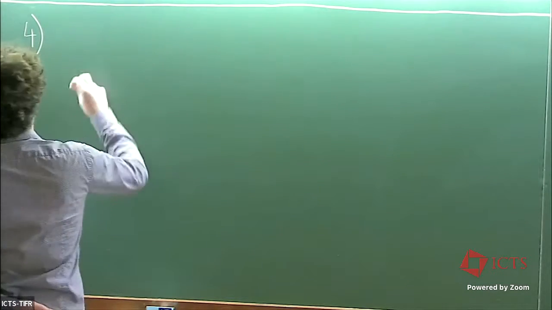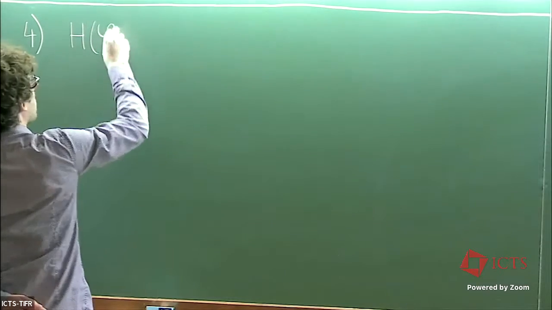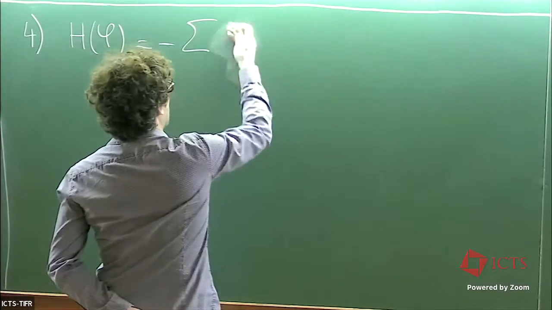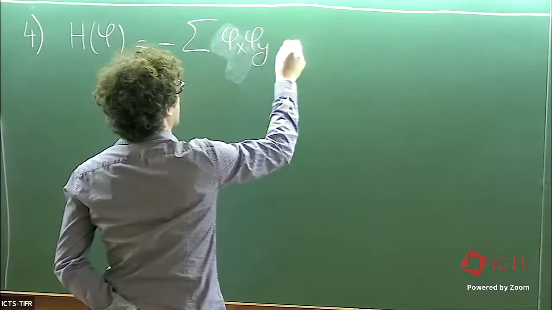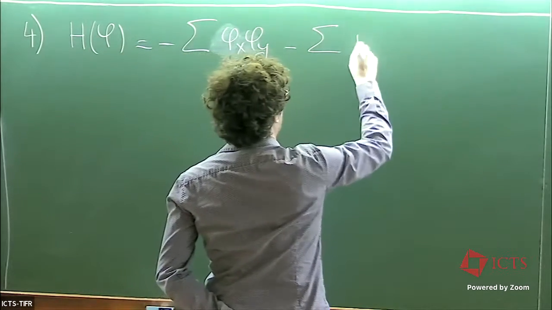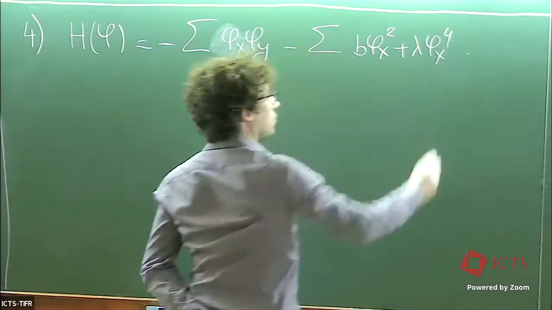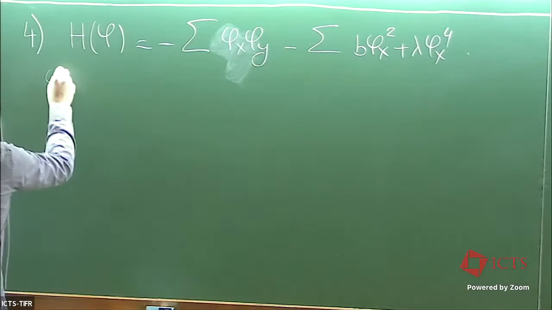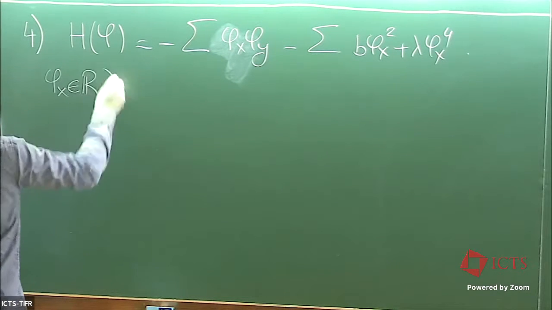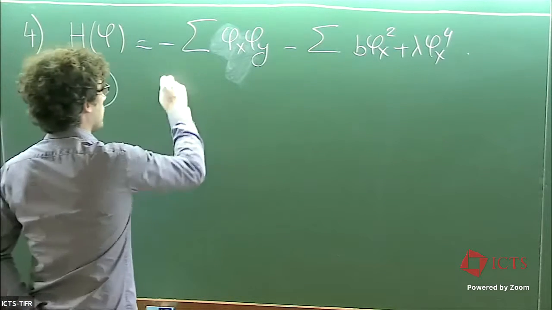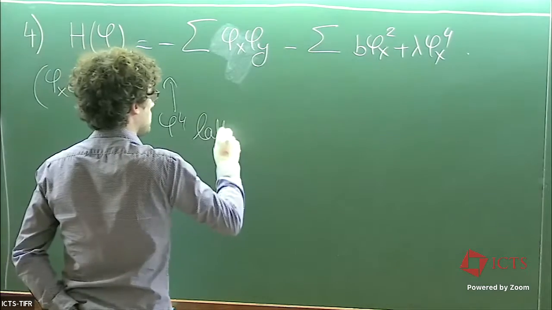Okay, so another comment. Yesterday I mentioned this Hamiltonian, where I had a sum of J_xy phi_x phi_y, and then another term which looked like that, where phi_x was in R. What I call the phi 4 lattice model.